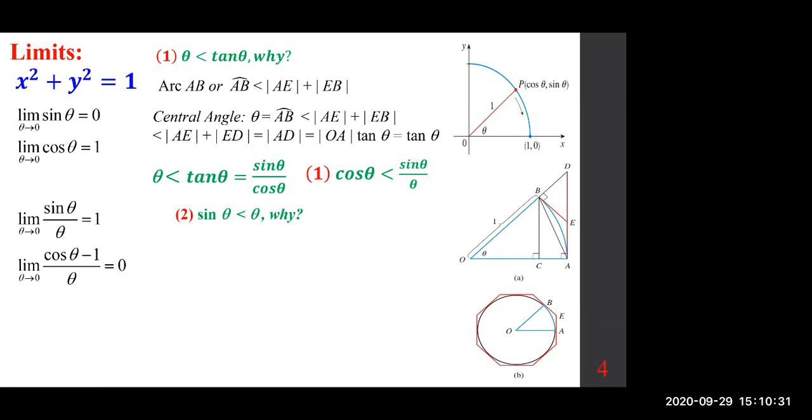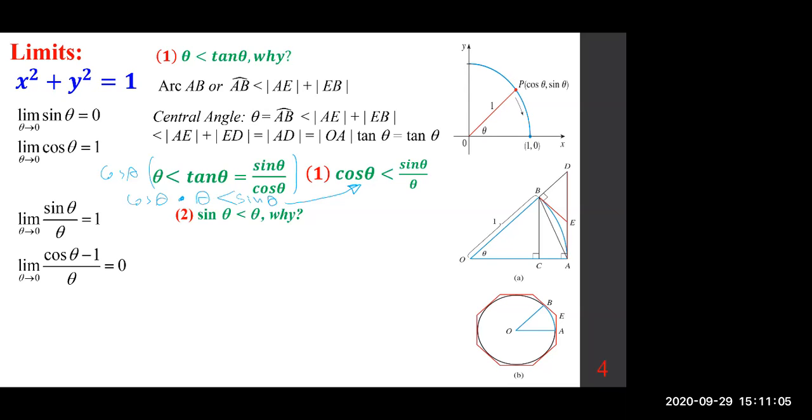If we multiply this one by cosine, we get cosine theta times theta less than sine theta. And then if you divide both sides by theta, you get cosine theta less than sine theta over theta.